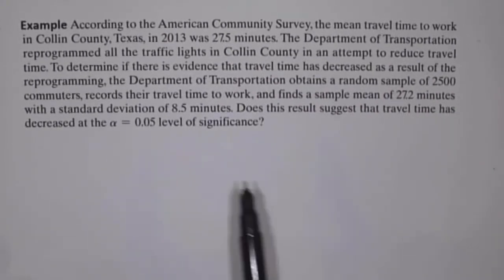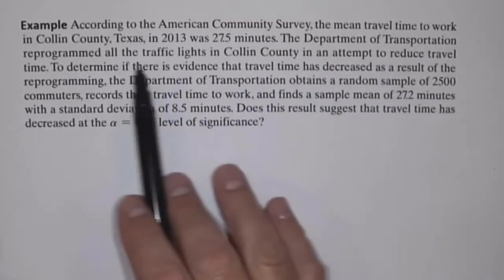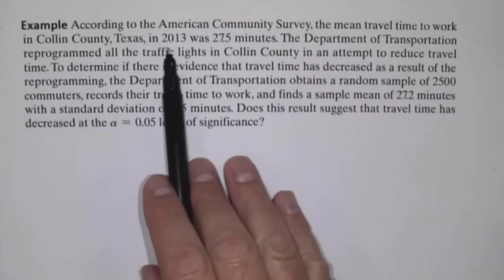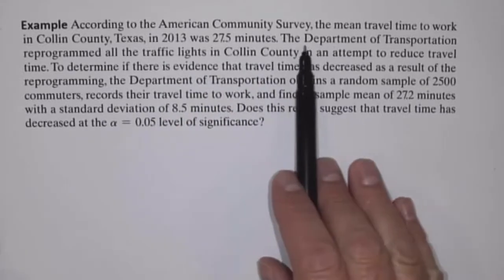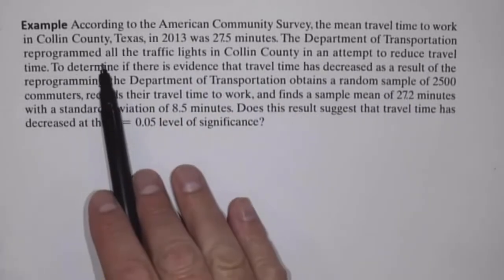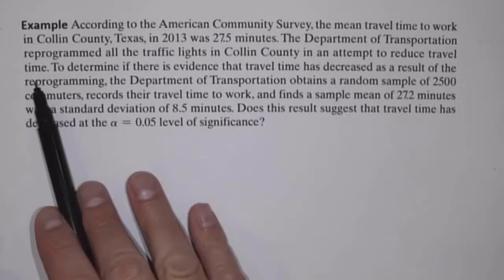So, example. According to the American Community Survey, the mean travel time to work in Collin County, Texas in the year 2013 was 27.5 minutes. The Department of Transportation reprogrammed all the traffic lights in Collin County in an attempt to reduce travel time.